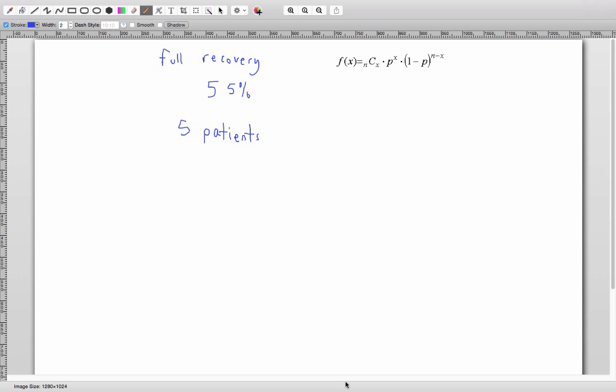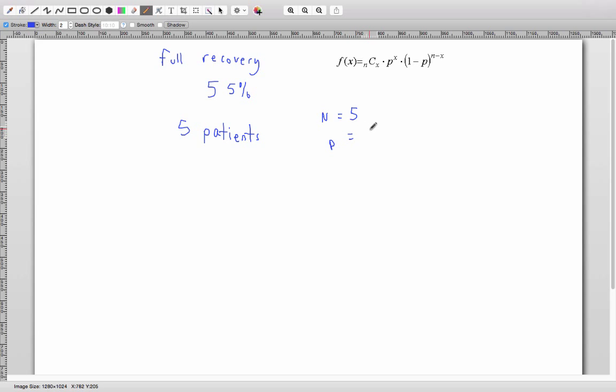What is the probability that all 5 patients will recover completely? What are the chances? Again, basically this is a binomial probability distribution. You need to define your terms. You're looking for the set number of trials, which is your n value in the formula, and your set number of trials is going to be 5. You have to look for your probability of success, and the probability of success is for full recovery.